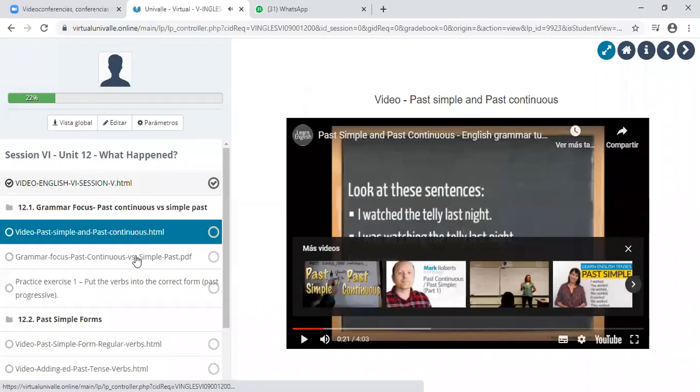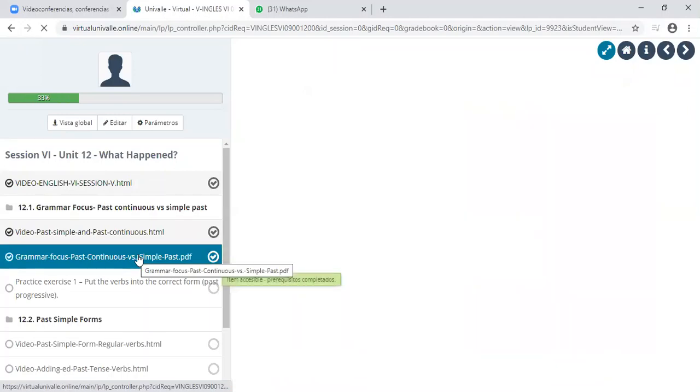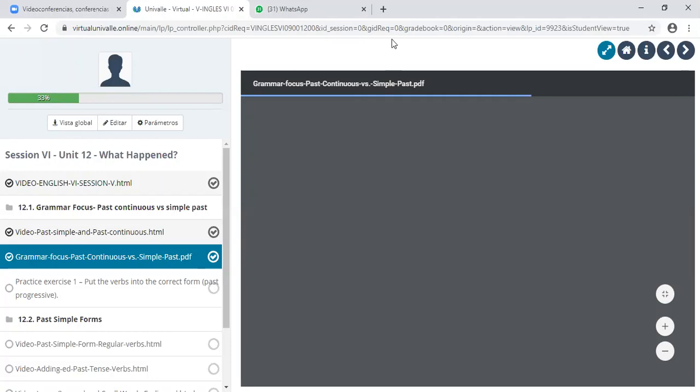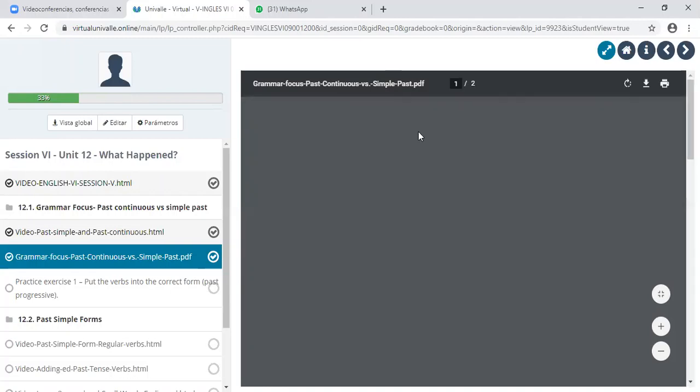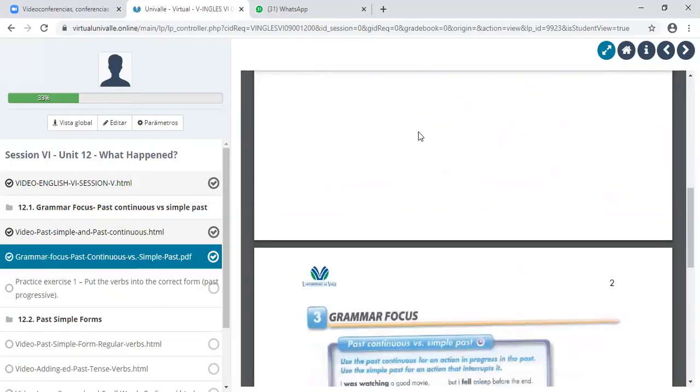As well, in here we have the grammar explanation that explains the way to use the simple past versus the past continuous. Okay, in here we have the general definition about past continuous versus simple past.